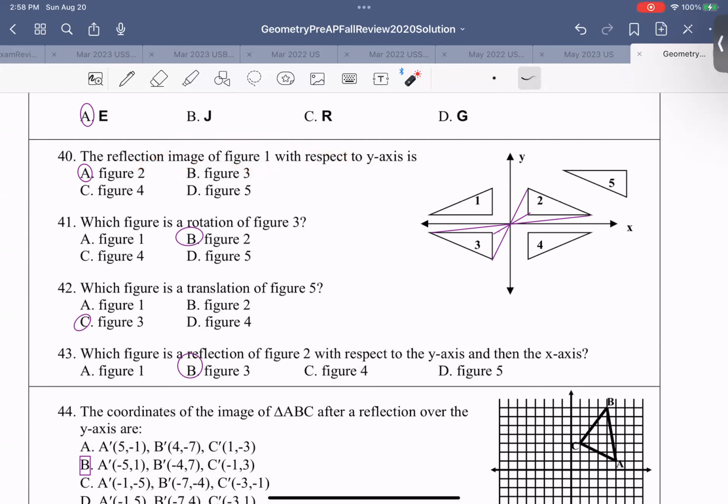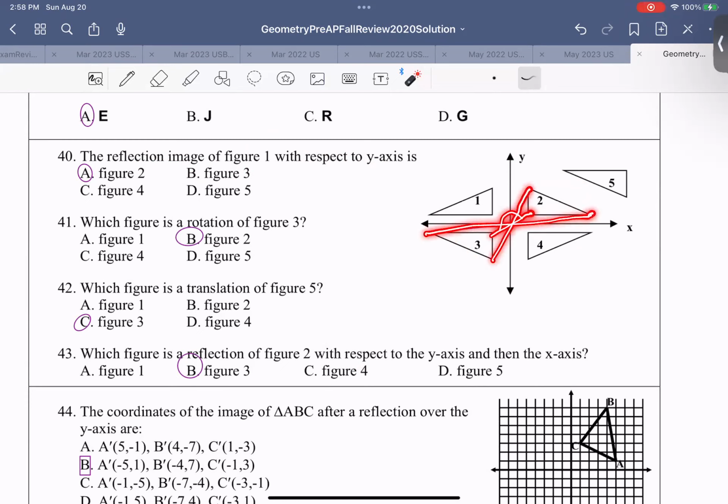Reflection. You have triangle 1. If it is reflected over here, it's going to be this triangle 2. The rotation from figure 2 to figure 3: this guy rotates 180 to this point. This rotates 180 to this point.